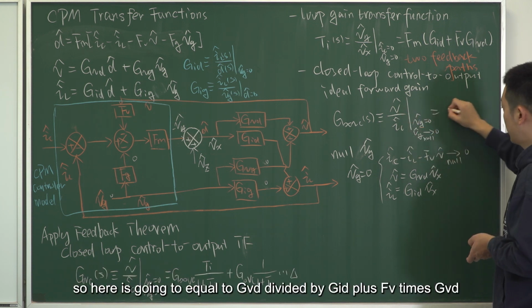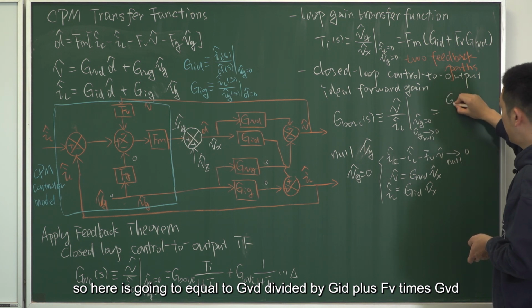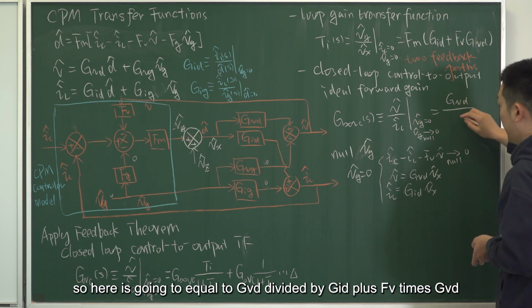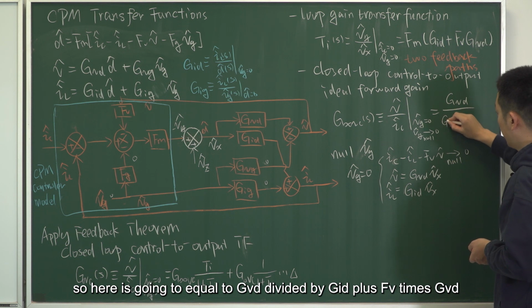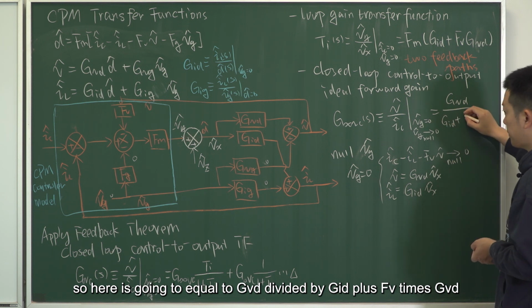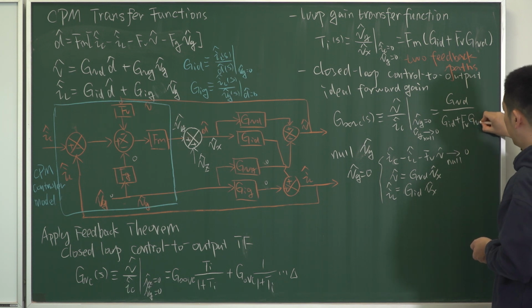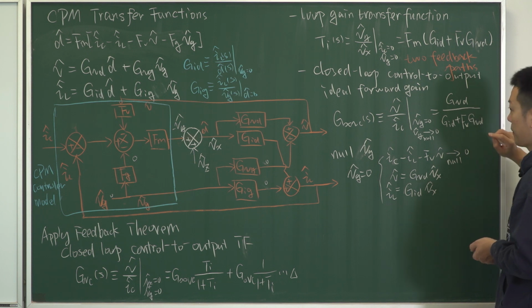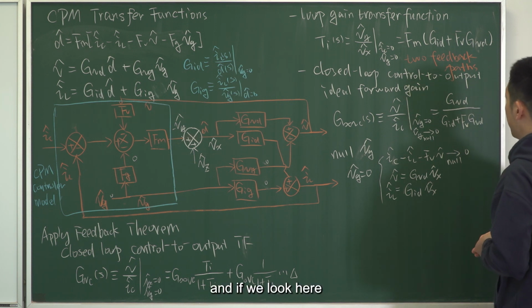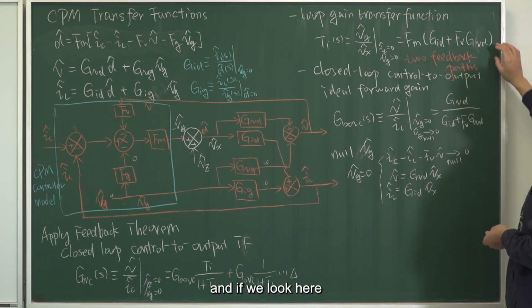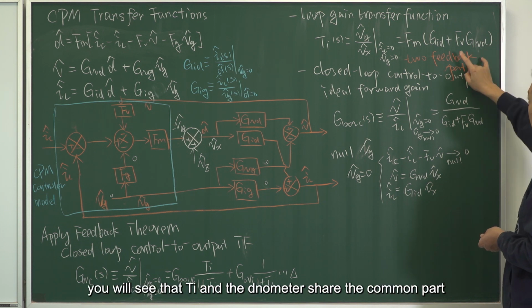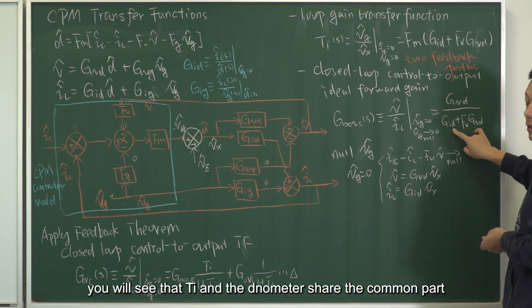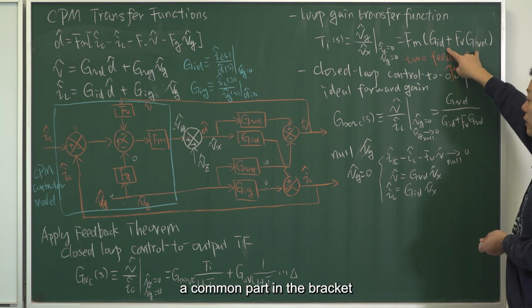By combining those three formulas, we can derive the ratio between output voltage and the controlling input. It is going to be equal to GVD divided by GID plus Fv times GVD. And if we look here, we will see that Ti and the denominator share the common part in the bracket.